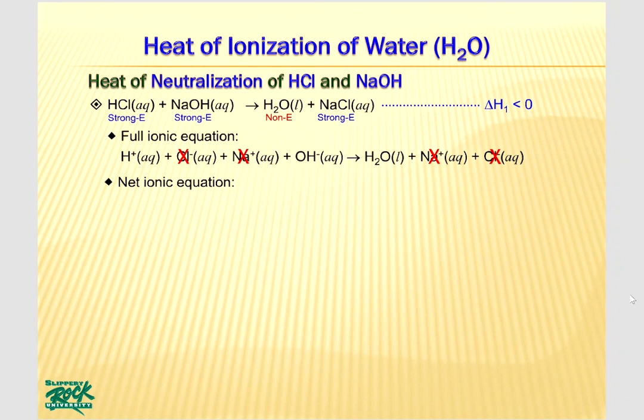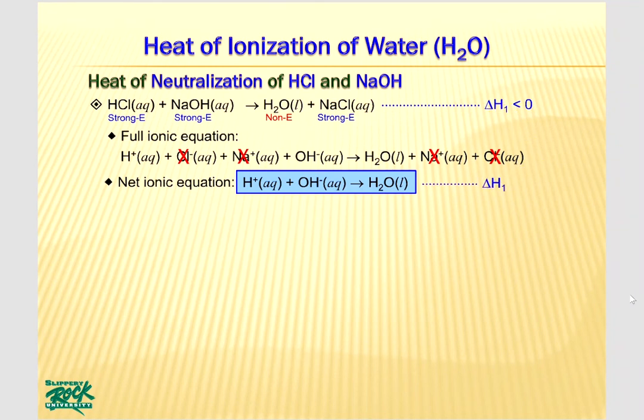So, the reaction of hydrochloric acid with sodium hydroxide is represented simply by this equation. A proton reacts with a hydroxide ion to produce a water molecule. Heat that is associated with this reaction is of course delta H1.